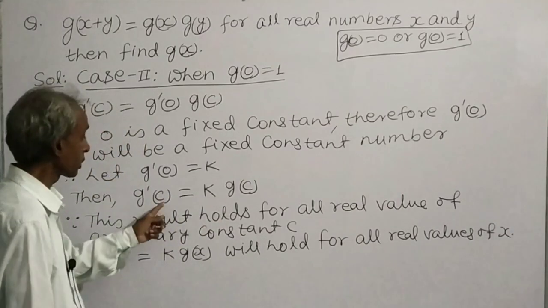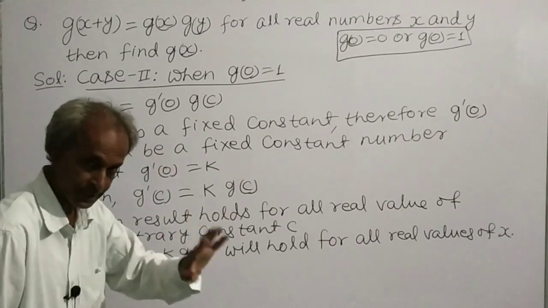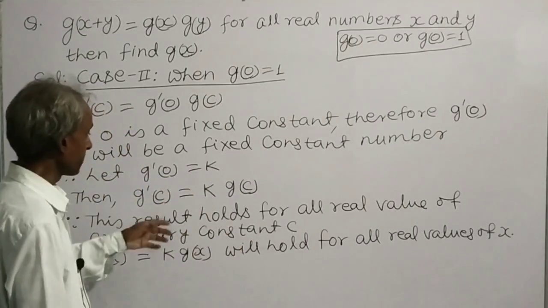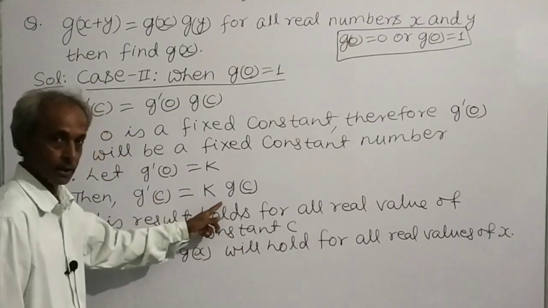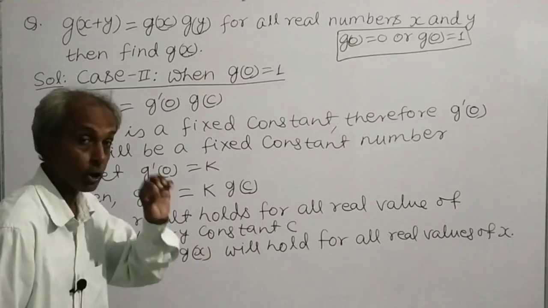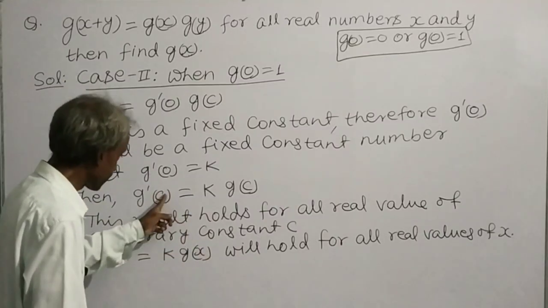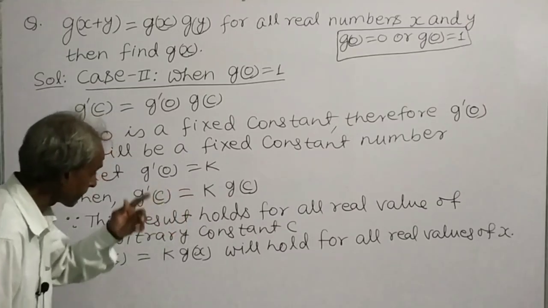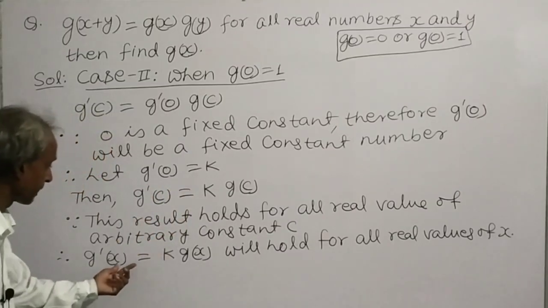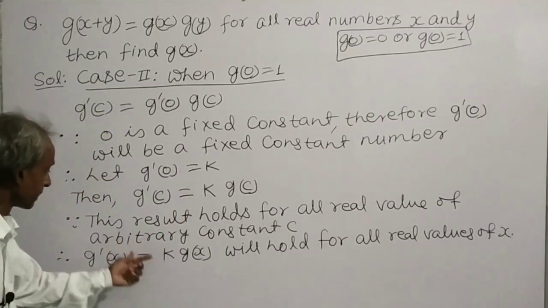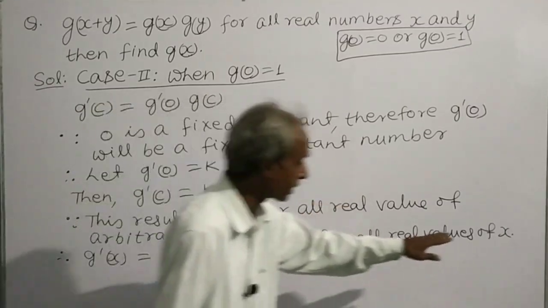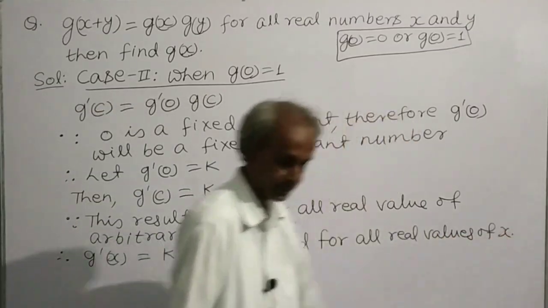We can put 3 in place of c and this result will hold. That means this result will hold for all real values of c. Therefore, the same thing can be written like this. This result will hold for all real values of x.